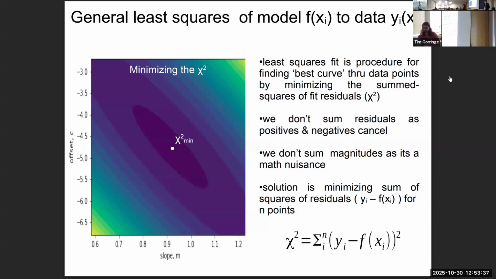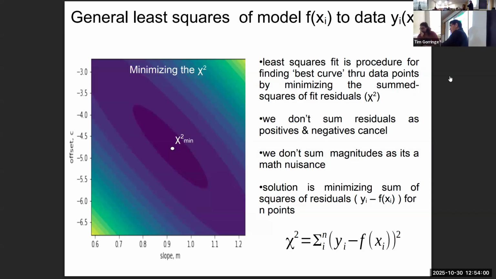This shows you on the left-hand side the landscape of chi-squared, or how to imagine chi-squared as a function of the parameters of the model. If we're fitting a straight line, this function has two parameters.